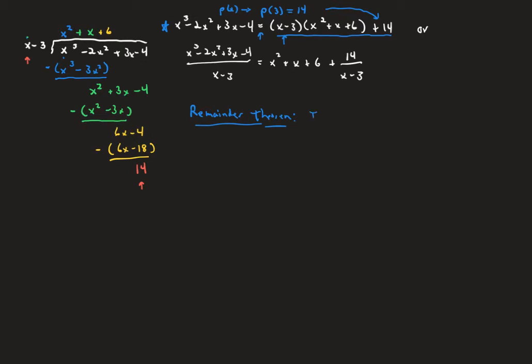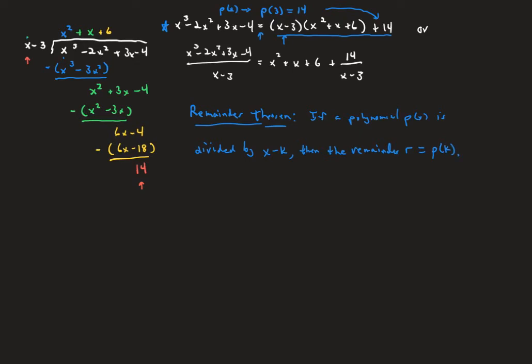So we're going to say, this is our remainder theorem, if a polynomial p of x is divided by x minus k, then the remainder r is going to be exactly p of k.